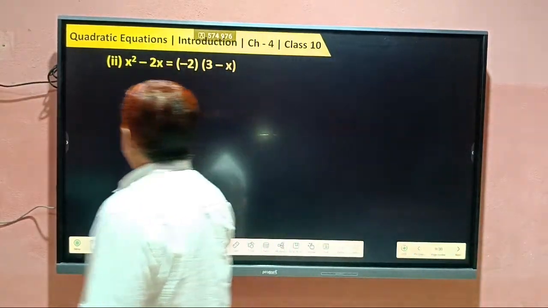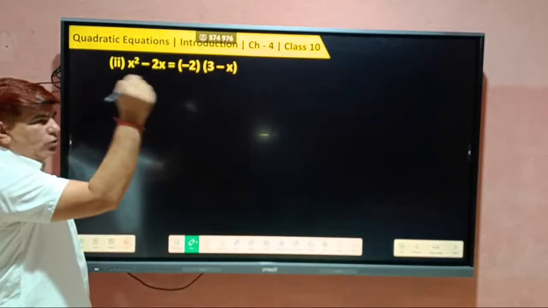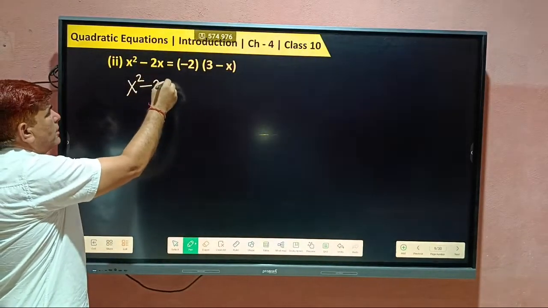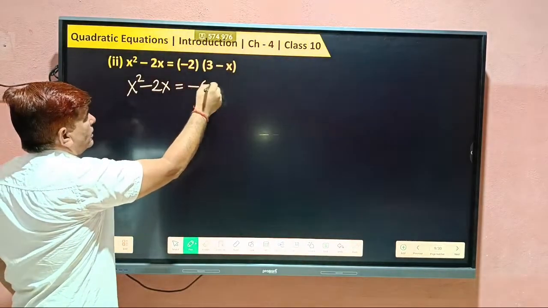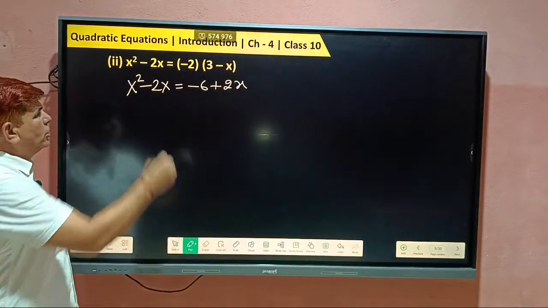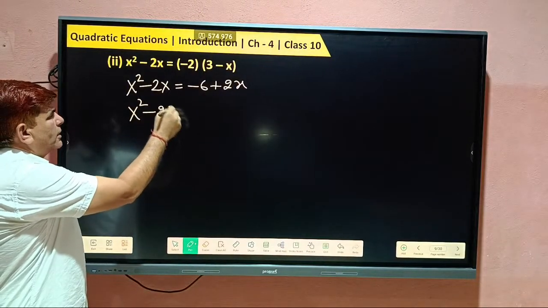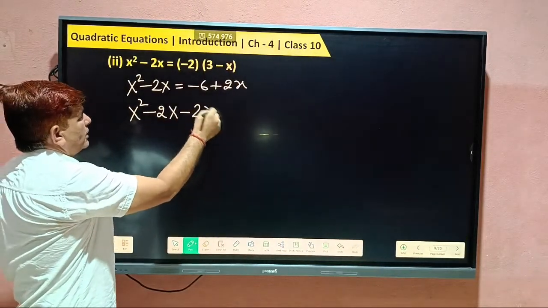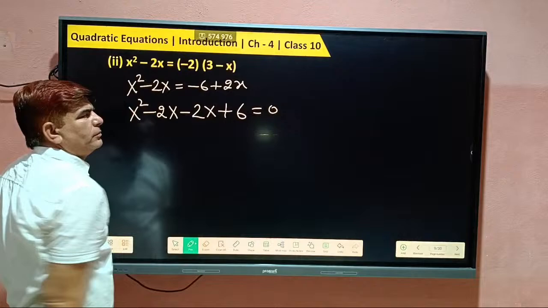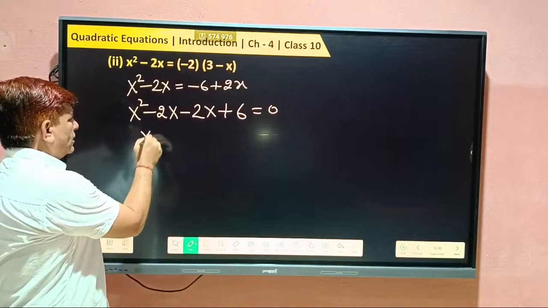Similarly, the next part. How can you solve it? Try to solve it like this: x² − 2x − 6 + 2x. So x² − 2x − 2x + 6 = 0.